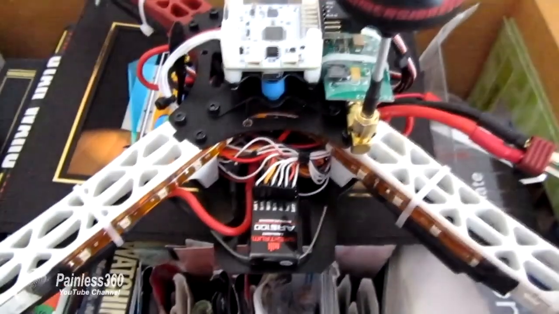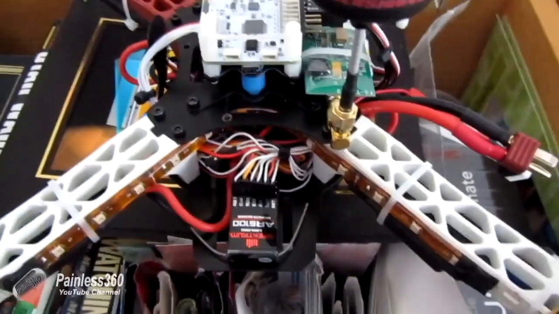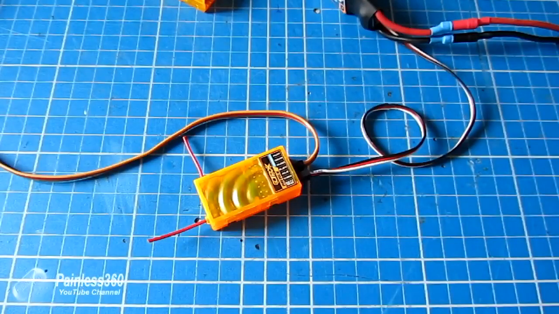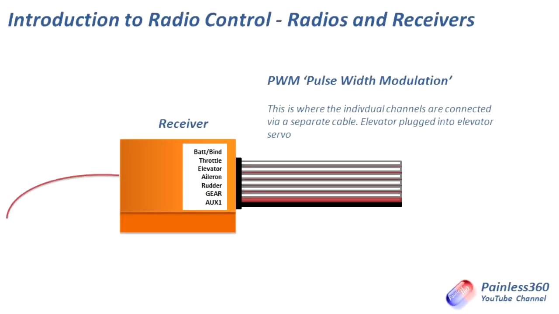Even things like into flight controllers for multi-rotors, things like quadcopters, hexcopters, etc. The way that looks is that you plug a cable into each of the individual channels that correspond to one of the controls on your radio, and then you connect that to whatever it's going to be.